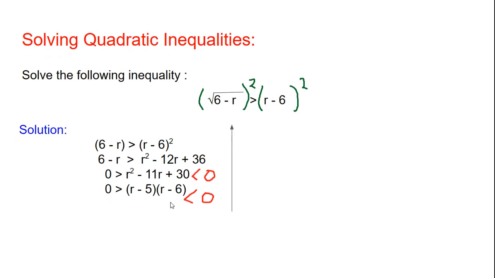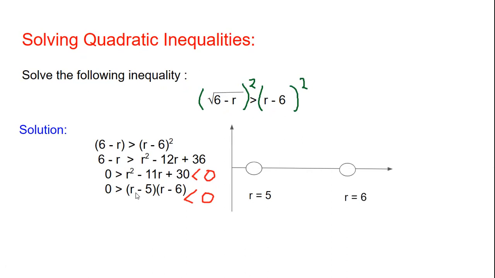So then we're going to just plot those points. Since we don't have an equal to sign, it means we're not including those points. So we're not including r is equal to 5, and we are not including r is equal to 6.